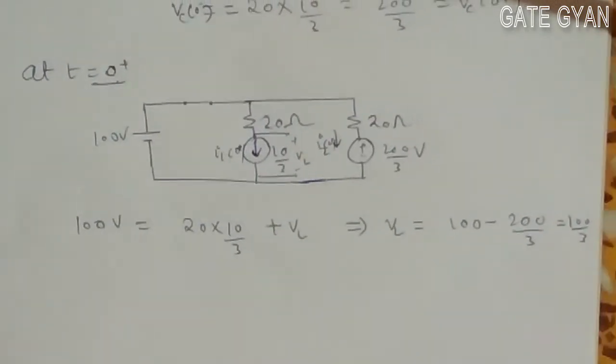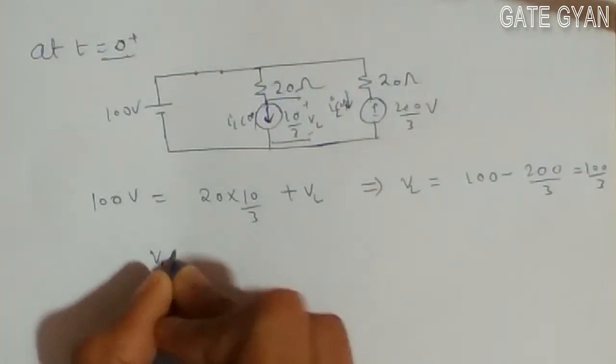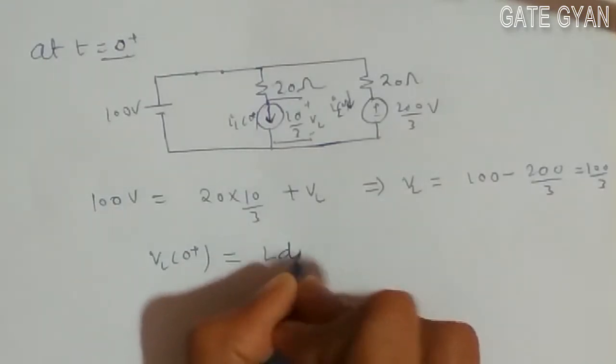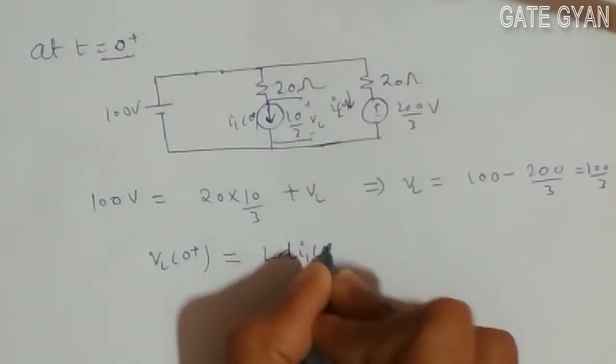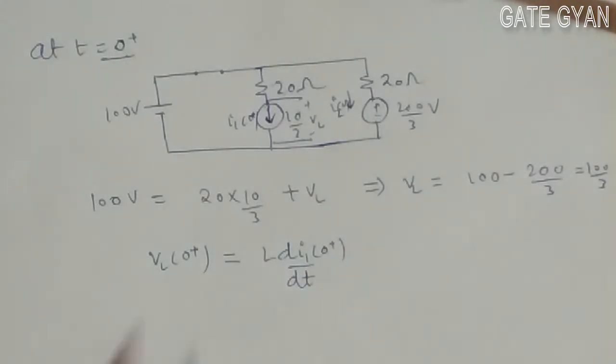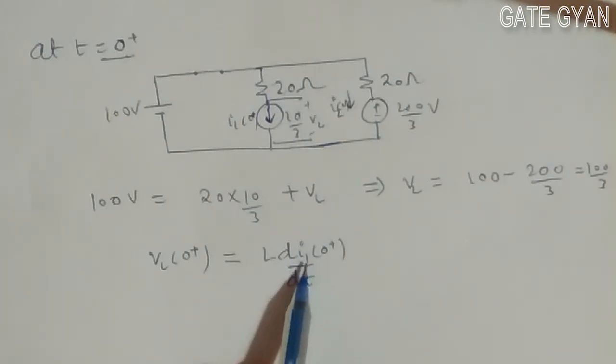Now this is my VL of 0 plus, and VL of 0 plus is equal to L di1 of 0 plus by dt. As the inductor current is I1, it will be L into di1 by dt of 0 plus.